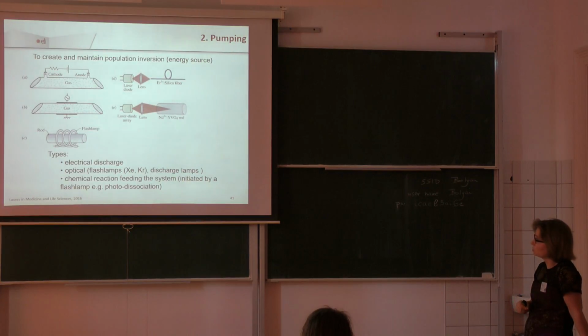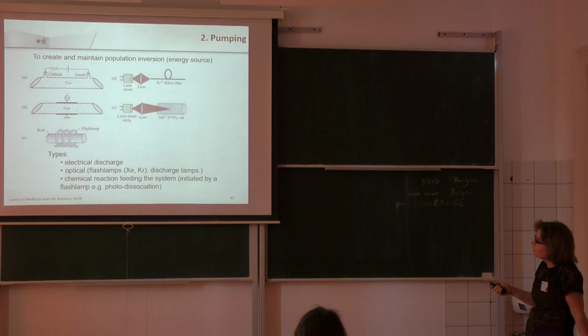It can be an electrical discharge: you have your active medium, the gas, and between the cathode and the anode you create a spark, and this discharge pumps the gas to the excited state. You can have a flash lamp, where the active medium absorbs the light, and by this absorption it is brought to population inversion.